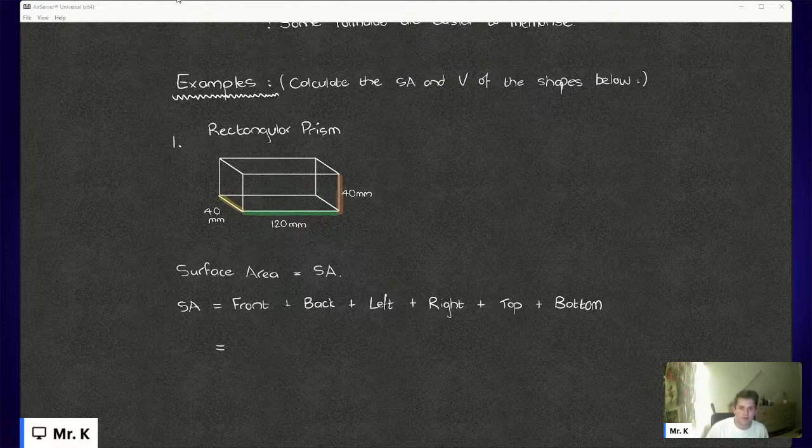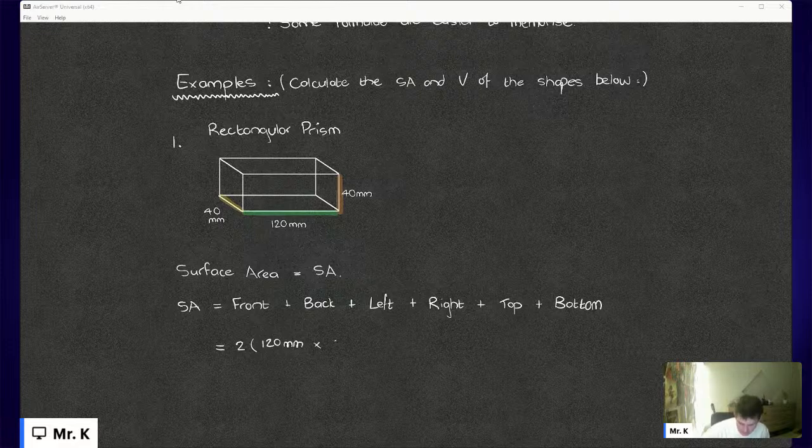But we're only working with flat 2D shapes individually on their own before we add everything together. So here we're going to have 120 times 40. The back plate is going to be the same in dimensions, right? So we could even say 2 times this 120 millimeters times 40 millimeters.